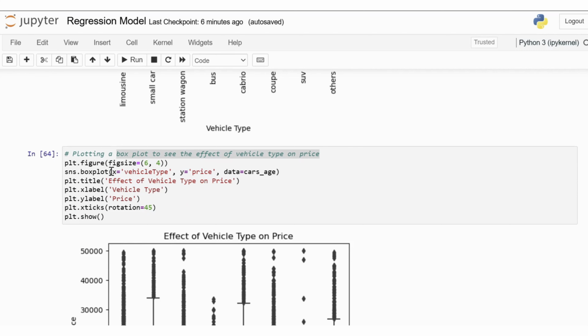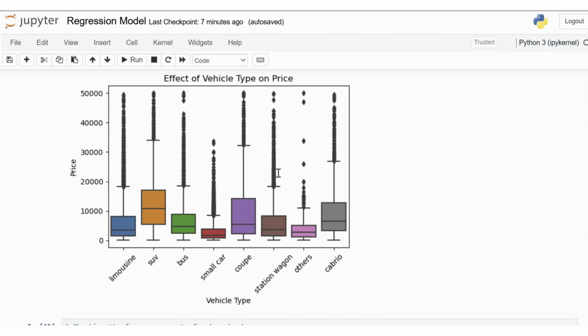So, the observation from the box plot is, for the limousine category, prices are relatively lower compared to other vehicle types. The median price is quite low, and there are many outliers, indicating that some limousines are sold at much higher prices. Moving on to the SUV category, generally, SUVs have higher prices.